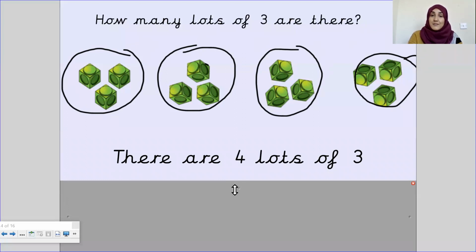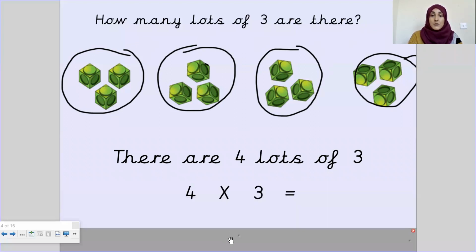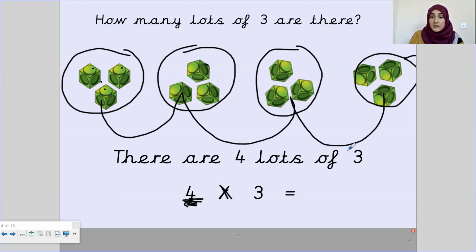Now, if I wanted to write a multiplication sentence, I would write 4, because there are 4 groups of, multiplied by, and I know that there are 3 objects in each group. So 4 multiplied by 3 equals, now let's count in our 3's. 3, 6, 9, 12. So 4 multiplied by 3 equals 12.